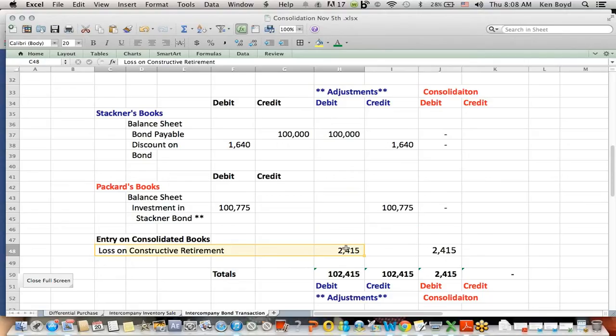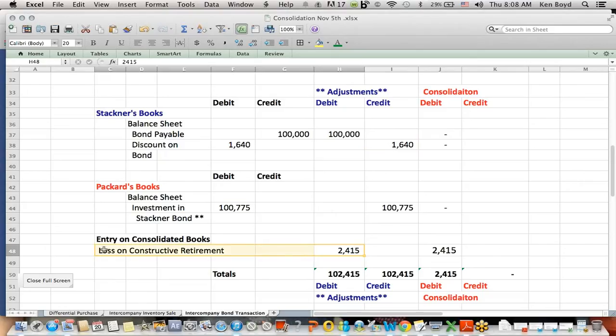Because it's a debit, we recognize in consolidation a loss on constructive retirement, meaning that in consolidation, when we essentially remove this bond issue and this subsequent bond purchase, and we unwind everything, we have a loss on constructive retirement, which means that the discount expense to the issuer that's taken off the books is more than the premium $775 that the buyer paid.